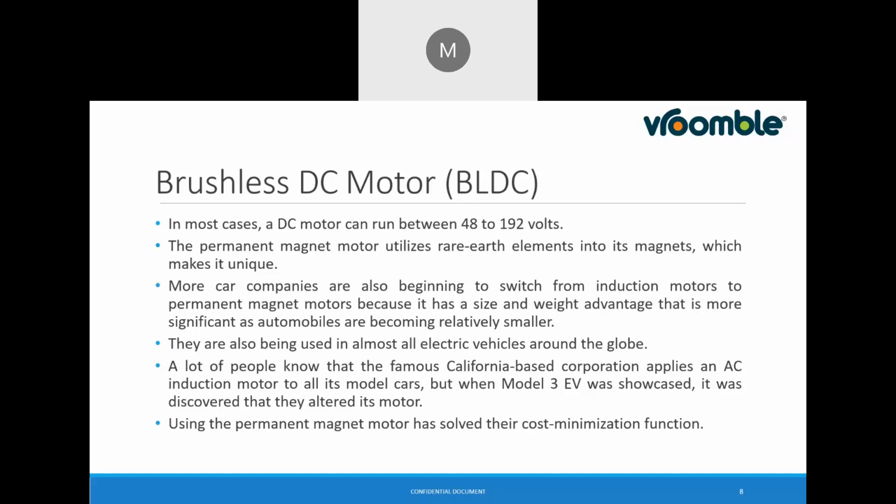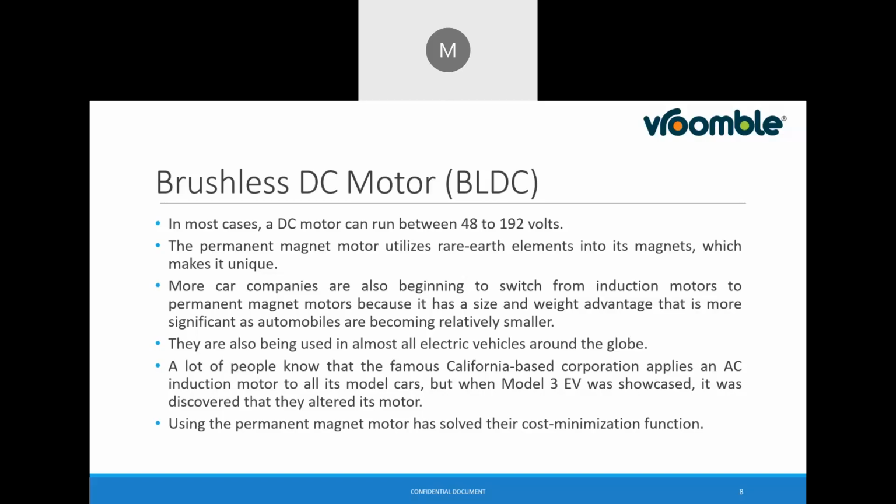They have permanent magnets, which are basically rare earth elements, and they use a magnetic field. More car companies have started using this PMSM or permanent magnet motor, or you can say BLDC motor, because of the size and weight advantage.